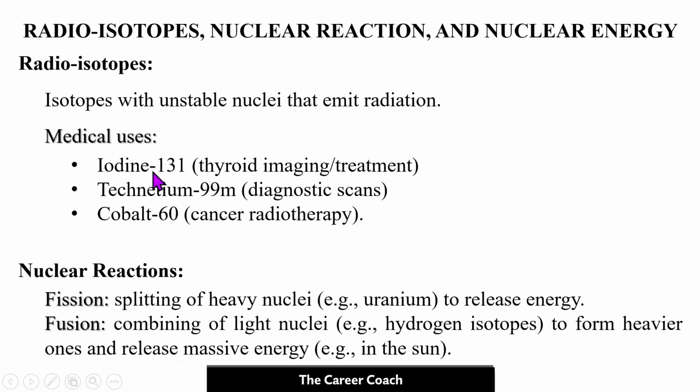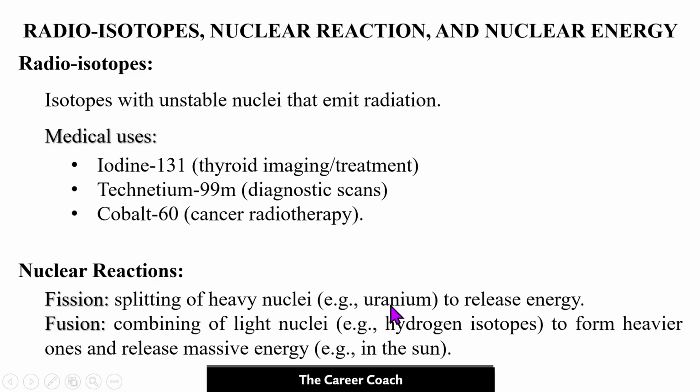Medical uses, for instance: iodine-131 is used in thyroid imaging and treatment, technetium-99m is used in diagnostic scans, and cobalt-60 is used in cancer radiotherapy. Nuclear reactions: nuclear fission and nuclear fusion. What is nuclear fission? Fission, with an IS, not US. So fission is the splitting of heavy nuclei to release energy.